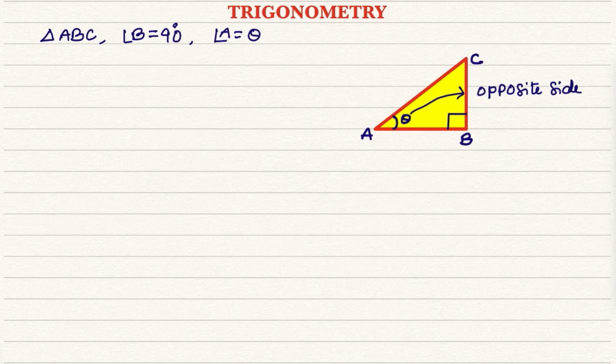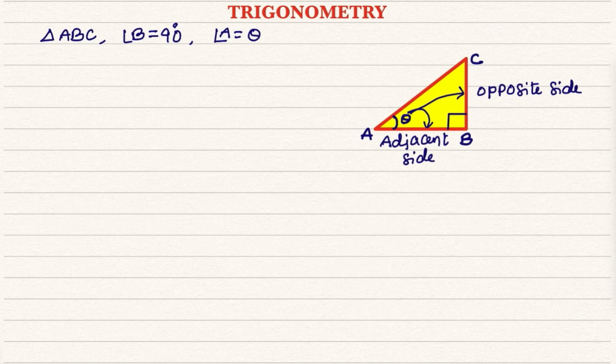Similarly, one more side, AB, is beside it. That is adjacent. So AB is called the adjacent side to angle theta. So if angle A is theta, then BC is the opposite side and AB is the adjacent side.